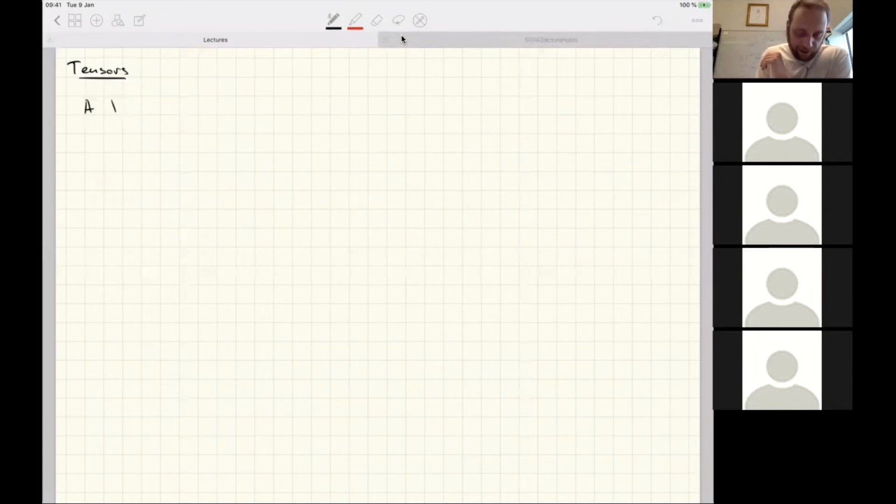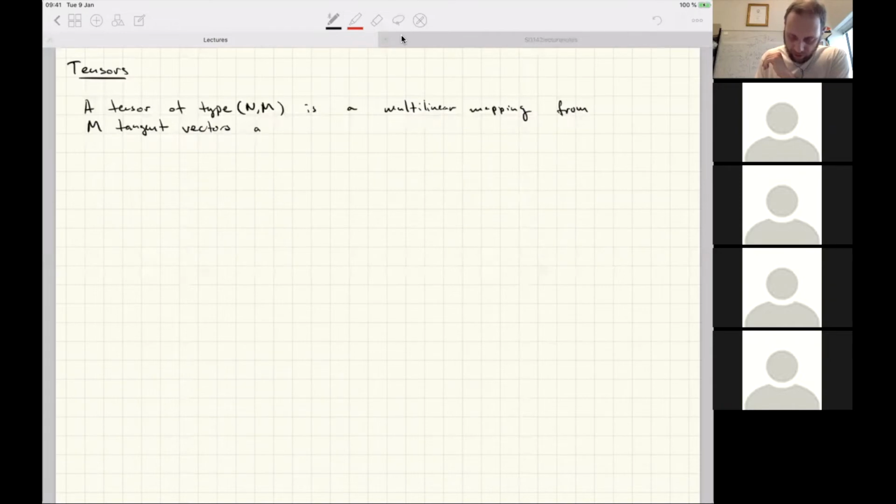So a tensor of type N M is a multilinear mapping from M tangent vectors and N dual vectors to real numbers.